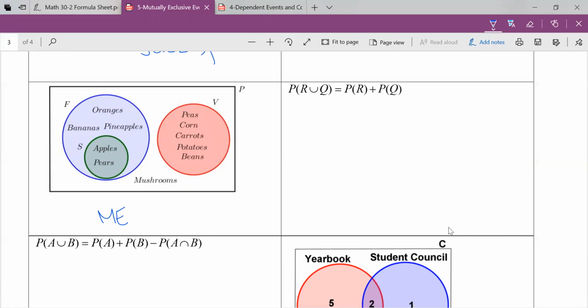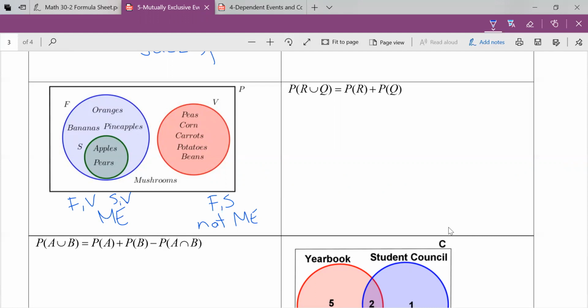What's not disjoint? What's not mutually exclusive? Well, in this case, the sets F and S are not mutually exclusive because set S is a subset of set F. They've got a huge intersection. So again, we want to always be able to visualize these things as Venn diagrams as well. So sets F and V and S and V are mutually exclusive.